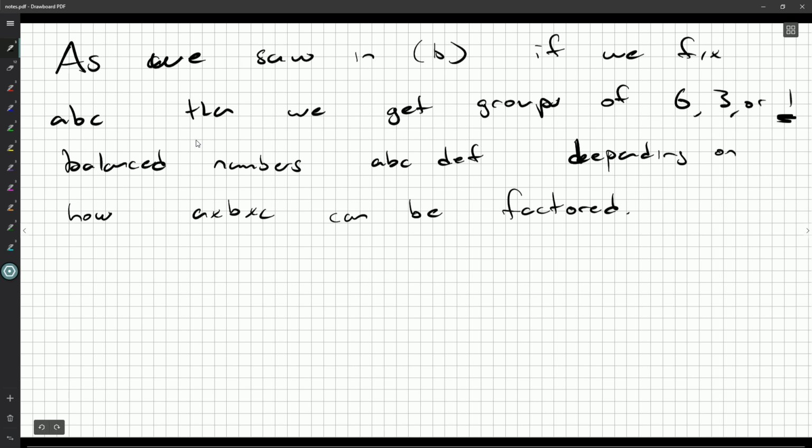So I guess what we can say, we also saw there is at most one group of 1.